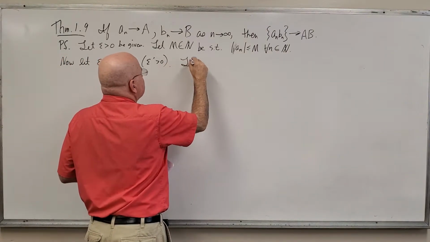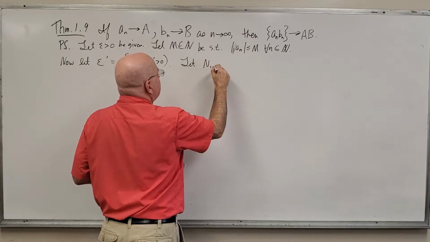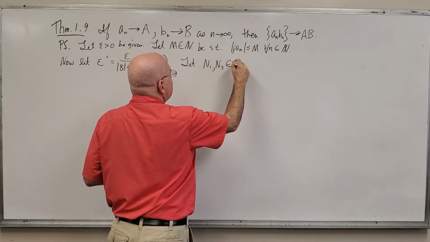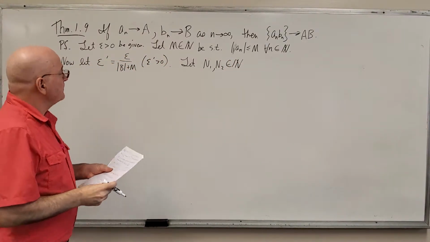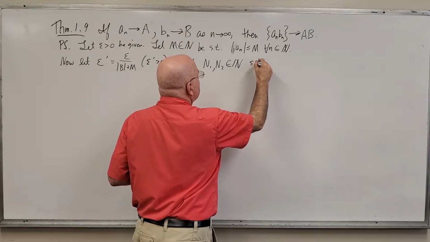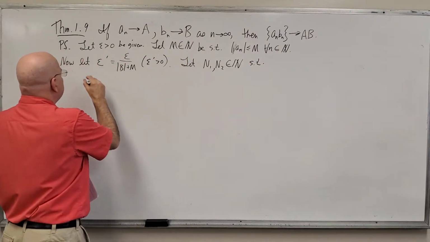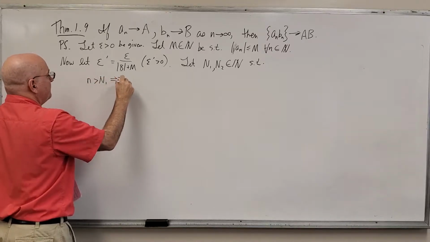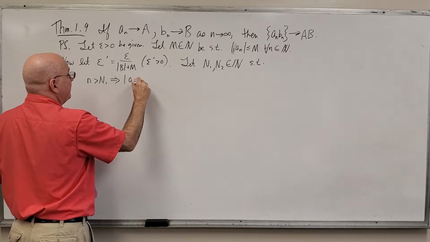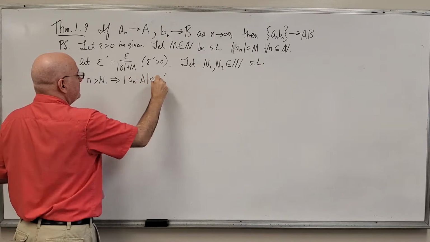All right, let's let capital N1 and capital N2 be natural numbers such that if n is greater than N1, that implies the distance between an and a is less than epsilon prime.